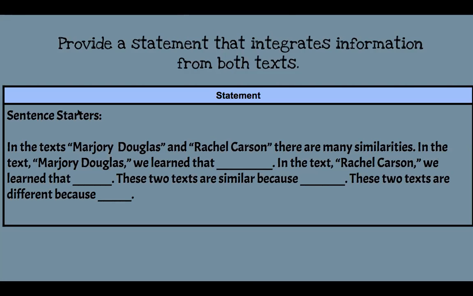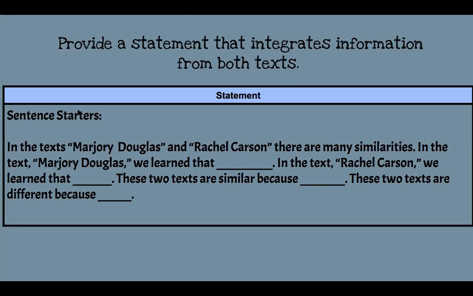Okay, but what was Marjory Douglas focusing on? Ecosystem. Become a writer. The ecosystems and becoming a writer and protecting the what? Environment. The environment, and more specifically, the Everglades, right? Yes. Okay, so we learned that she wanted to protect the environment and save the Everglades.